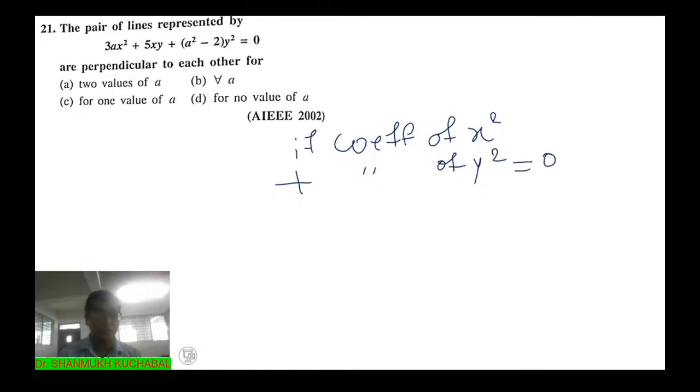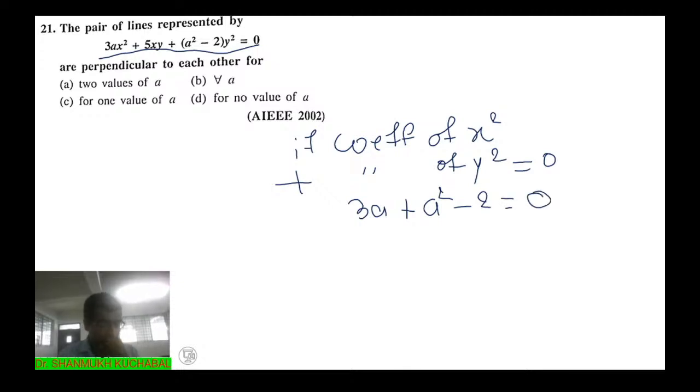In this equation, the coefficient of x square is 3a, plus the coefficient of y square, it is a square minus 2, equal to 0.